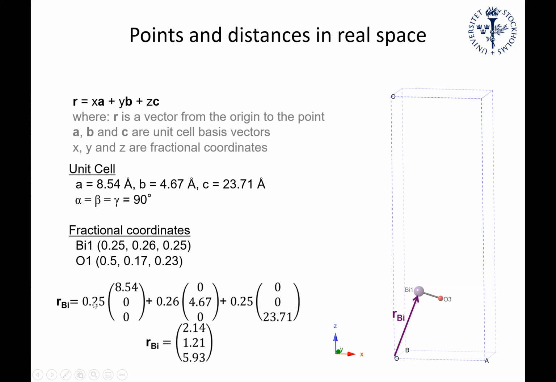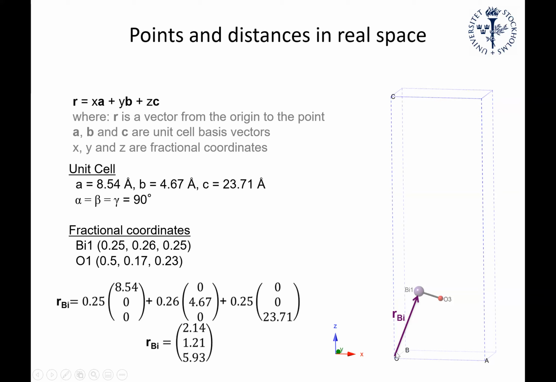If we multiply this out, you would get 2.14, 0, 0, because 0.25 times 0 is, of course, 0. If you take 0.26 times 4.67, then you get 1.21. So you end up with a matrix that's 0, 1.21, 0. And finally, 0.25 times 23.71 is 5.93. So 0, 0, 5.93.